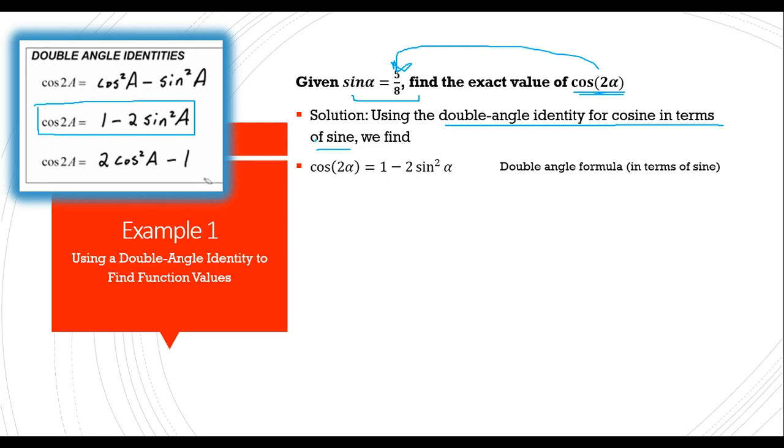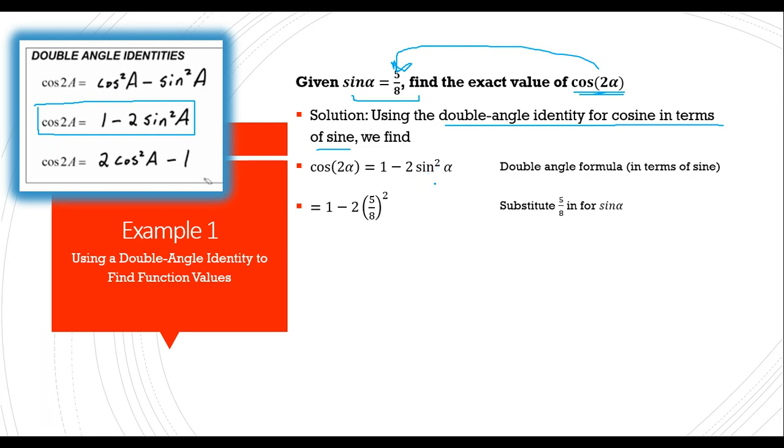Now, what do we know? We got cosine 2 alpha equals 1 minus 2 sine squared alpha. And I know that sine of alpha is 5/8. So sine squared alpha is just going to be sine of alpha squared.